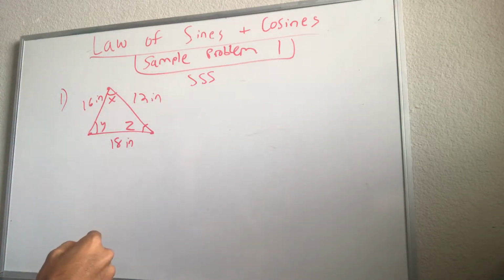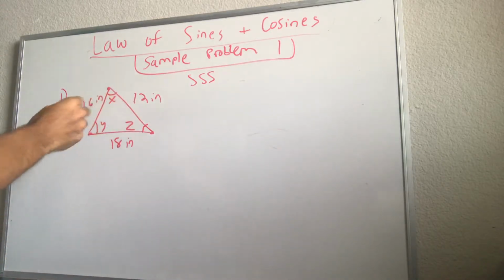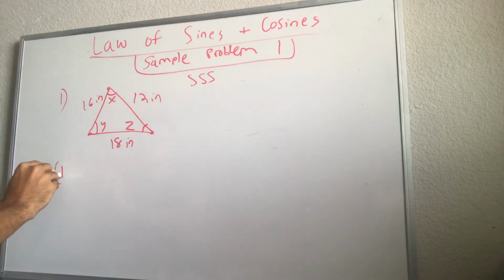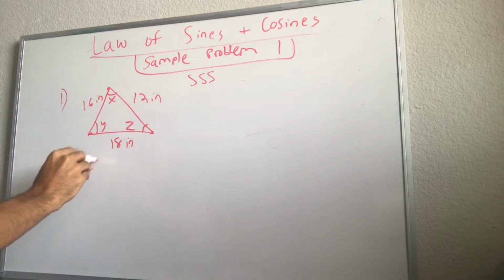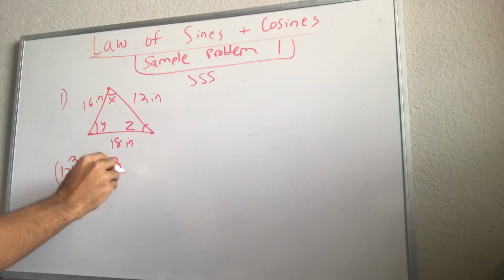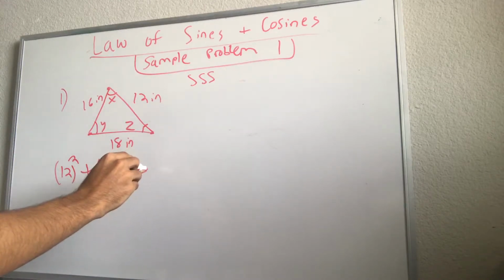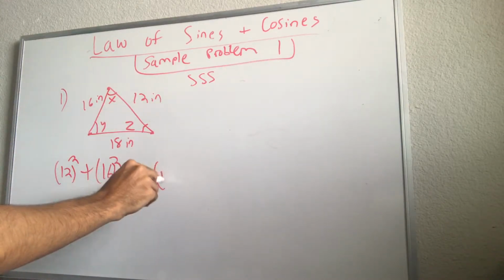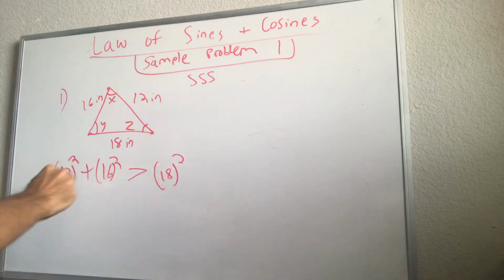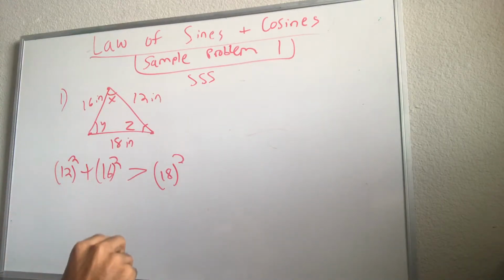Now the other thing that you want to check is you want to square the 12 and the 16, right? So let's just do that. 12 squared plus 16 squared, and we don't know if that is greater than or less than or equal to 18 squared. Now if 12 squared plus 16 squared does equal 18 squared, then it's a right angled triangle.